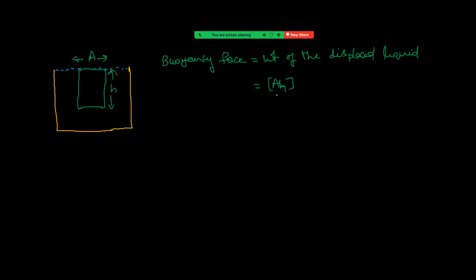This is volume of the liquid displaced. It is given weight of the liquid displaced, so I'm multiplying with density of liquid into g. This is giving us weight of the liquid displaced. So buoyancy force, or you can say force by liquid on this body, is equal to weight of the liquid displaced. Let us see how to get this one.